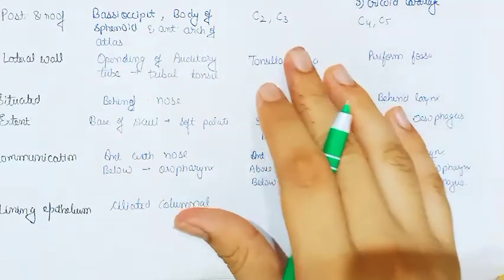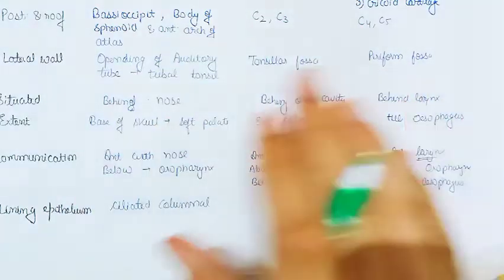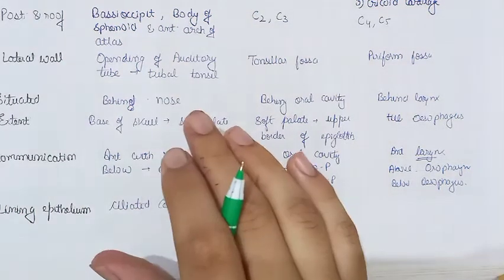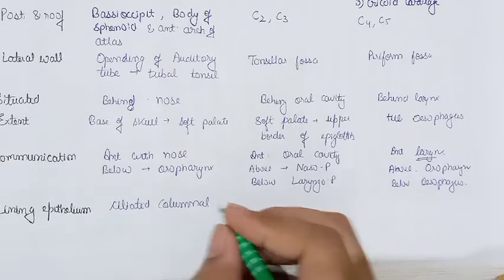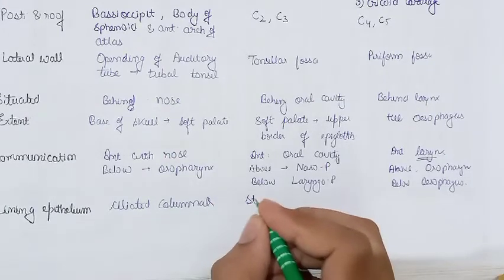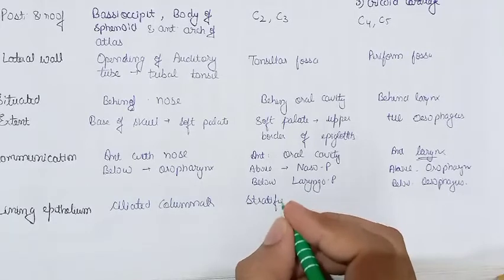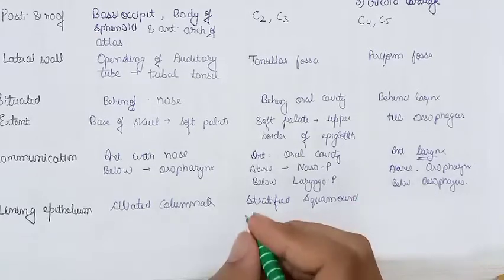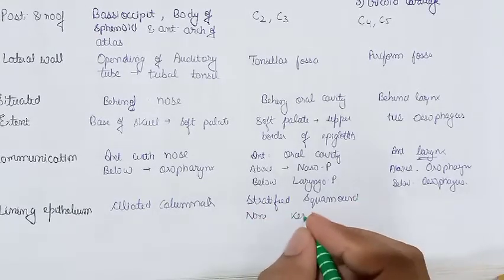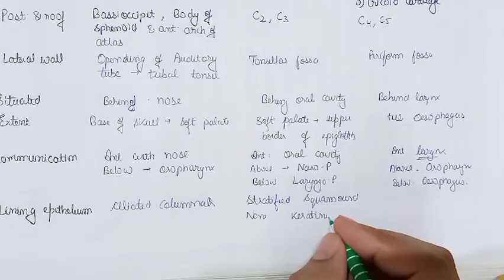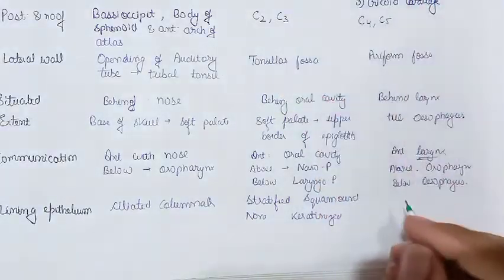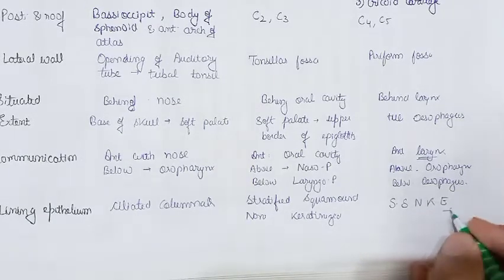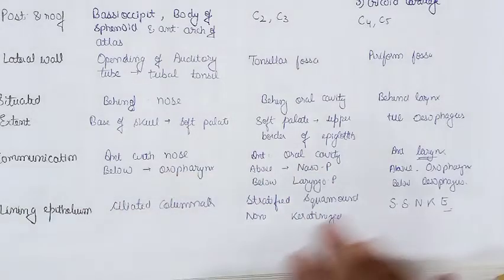So in both the oropharynx and the laryngopharynx, the epithelium is stratified, consisting of multiple layers: stratified squamous non-keratinized epithelium. So this was the lining epithelium of the subdivisions.